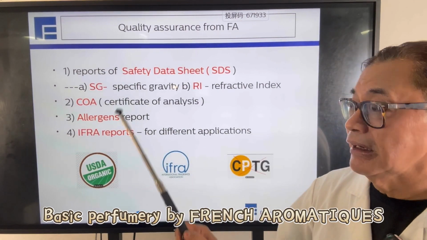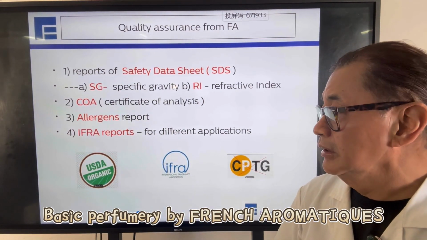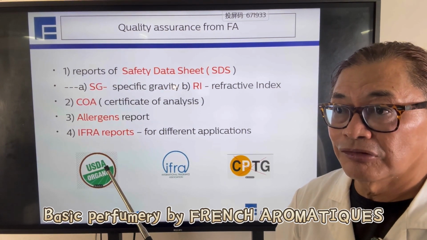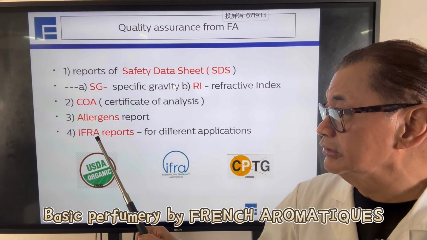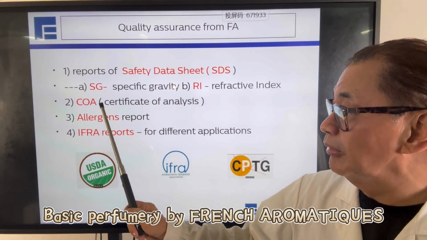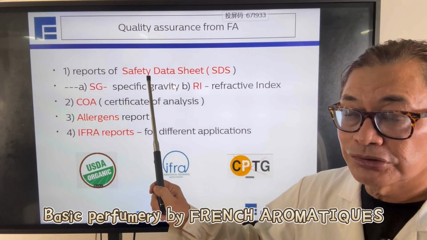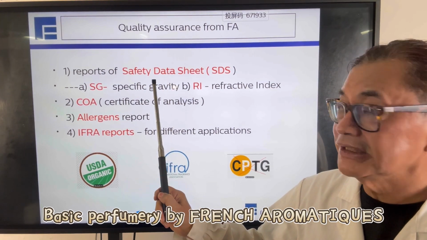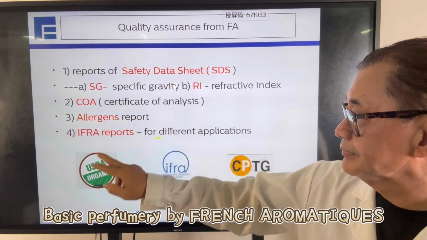The other thing is quality assurance. Be careful when you buy fragrance oil. You have to make sure there is an IFRA report, an allergen report, and an SDS, the safety data sheet.